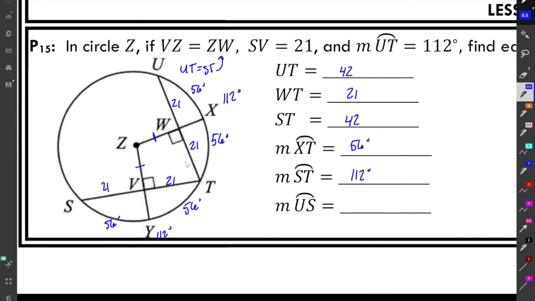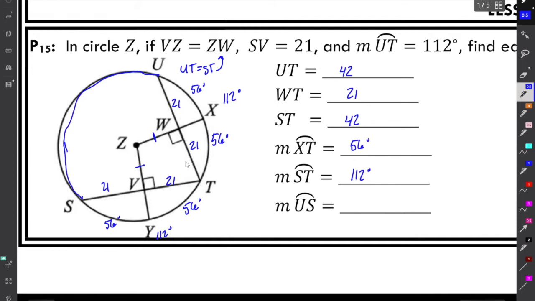Oh, wait. US is not 136. Actually, look at this, they're trying to confuse you here. US is this arc, isn't it? Yes, it is.